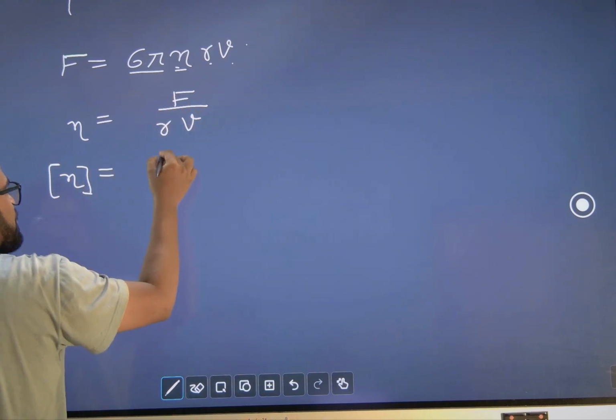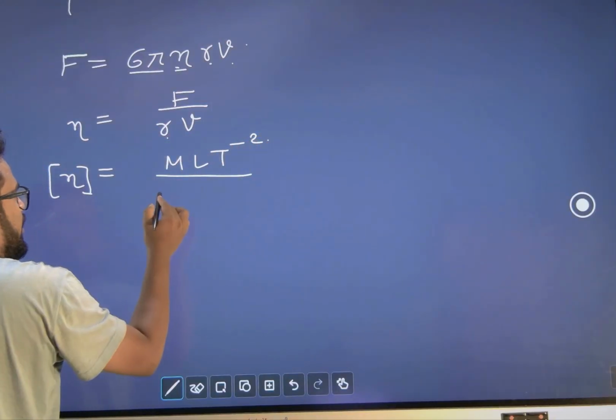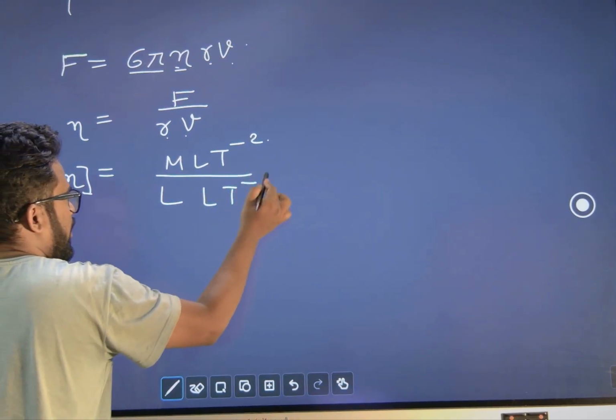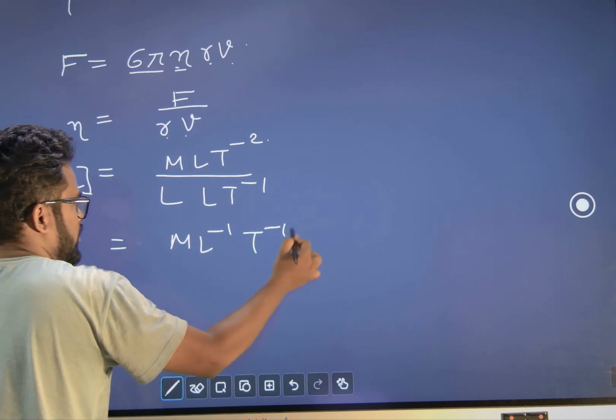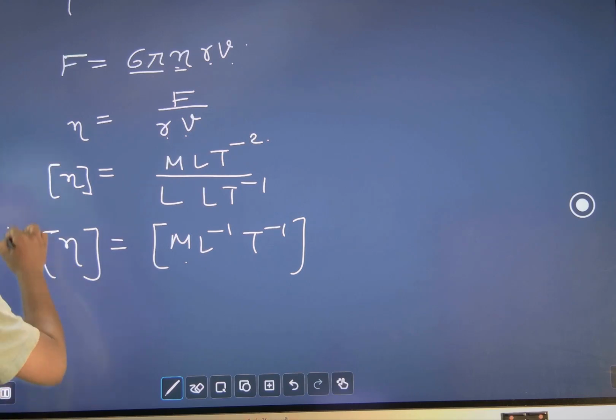So force is MLT minus 2, radius L, velocity LT minus 1. So ML minus 1 T minus 1. So that is the dimensional formula of the coefficient of viscosity, ML minus 1 T minus 1.